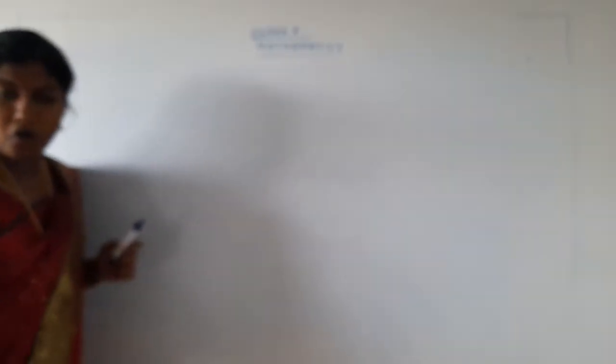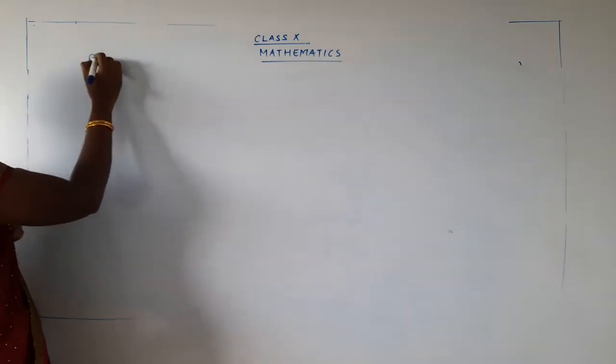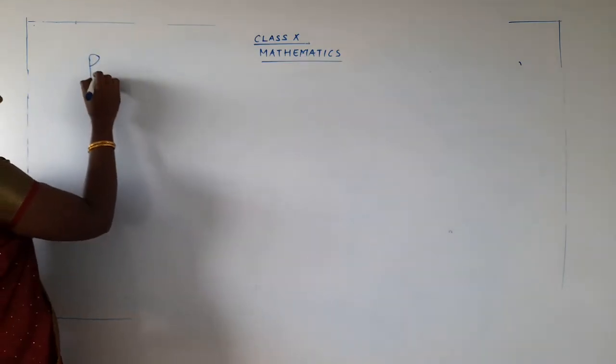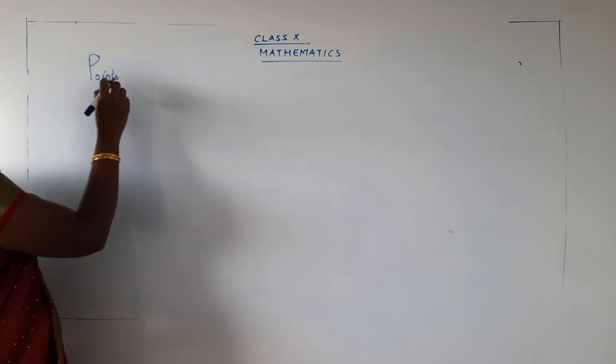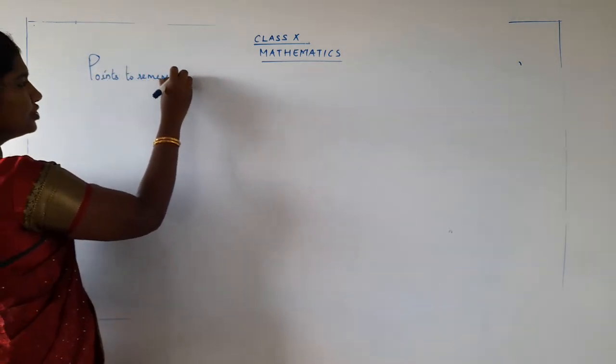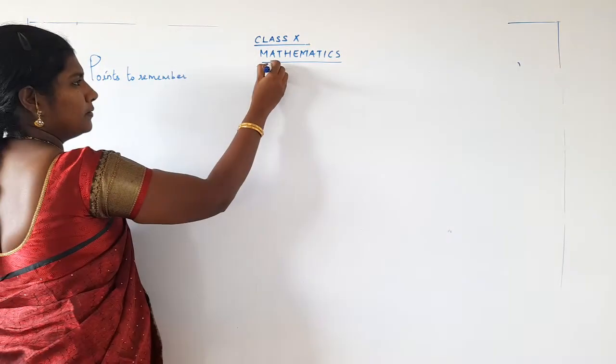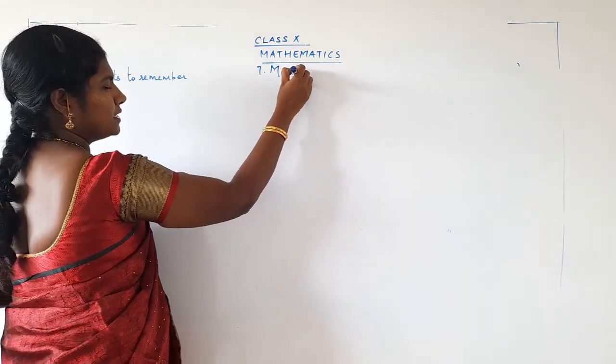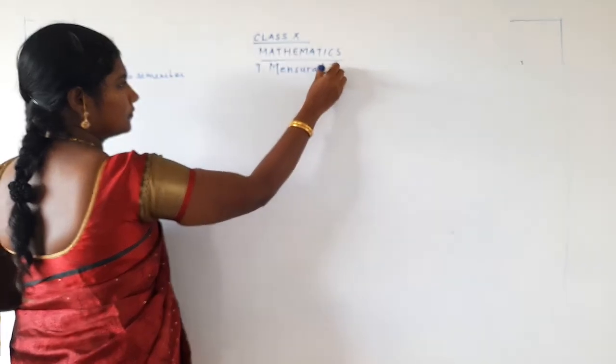Give the heading points to remember. I am just going to give you some formulas which will be used for solving the problems from exercise 7.1. Okay, children, so write down here points to remember. This is your unit 7, mensuration.